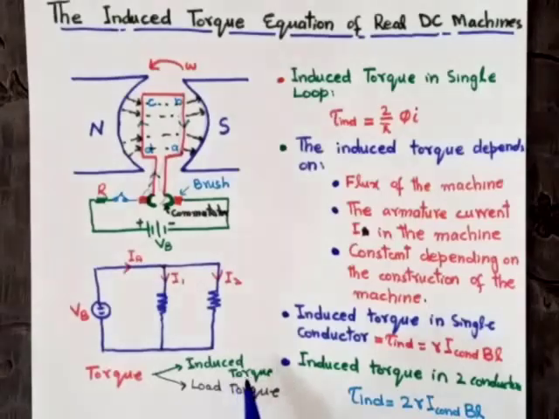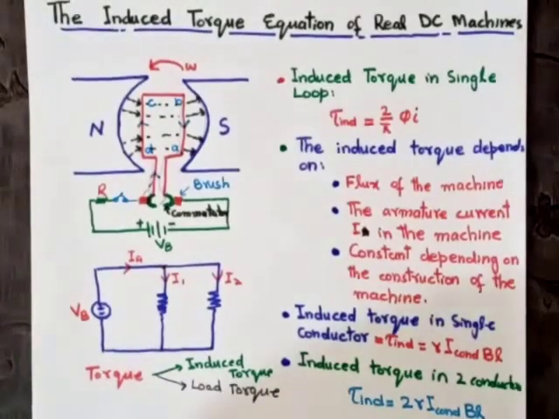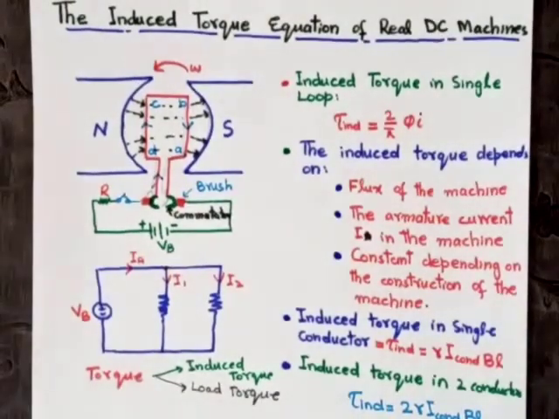If the induced torque and load torque are equal, then the speed of rotation will be constant. If the induced torque is greater than the load torque, then the motor will accelerate.